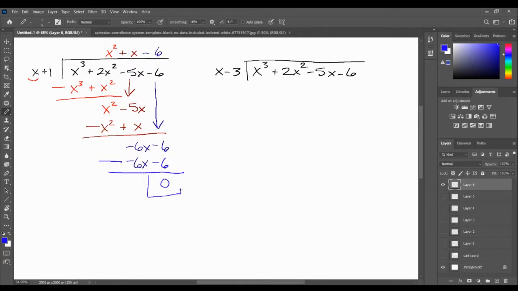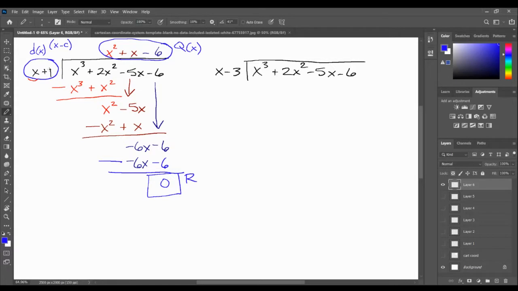So because we ended up with a 0 remainder, this binomial that we divided by is a factor, and this is our quotient. So there's our quotient. Here's our remainder. This is our dividend, which they write as also x minus c.